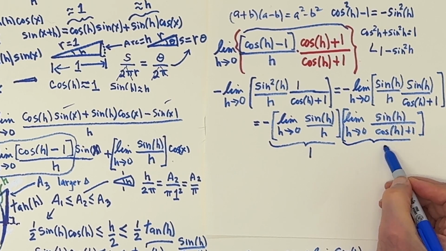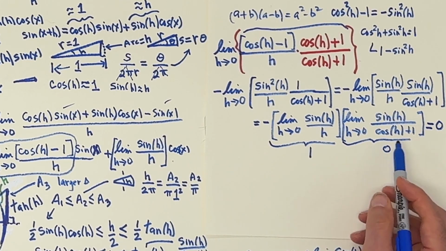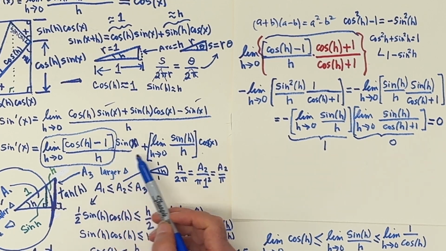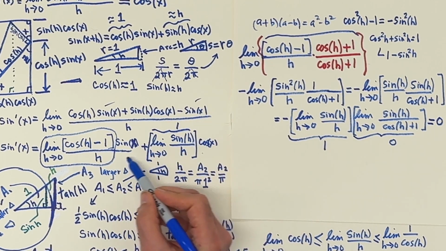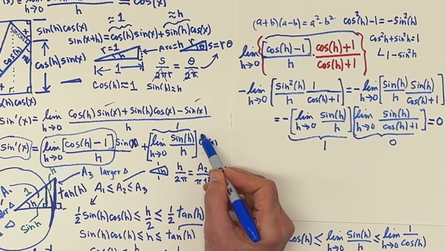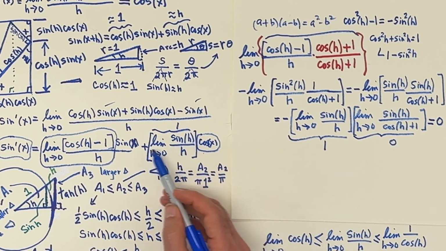So this one is 0, which means that when you multiply the limits, you're going to get 1 times 0, which is 0. So indeed, this is 0. This one here, we showed to be 1. So the derivative of the sine is equal to the cosine. So all that goes away, and all this is 1.